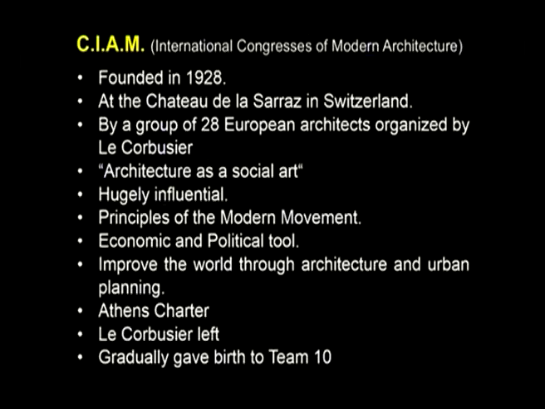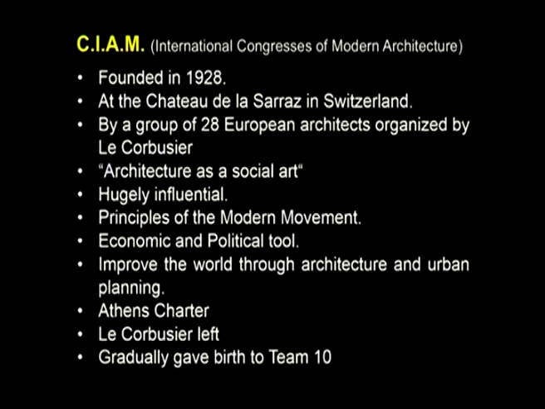At the end of the 4th unit of the previous semester, AR 6502, History of Architecture and Culture 5, we saw that Siam was founded in 1928 by a group of 28 European architects, and it was organized by Le Corbusier. They called architecture a social art, and it was a hugely influential movement at that point of time.